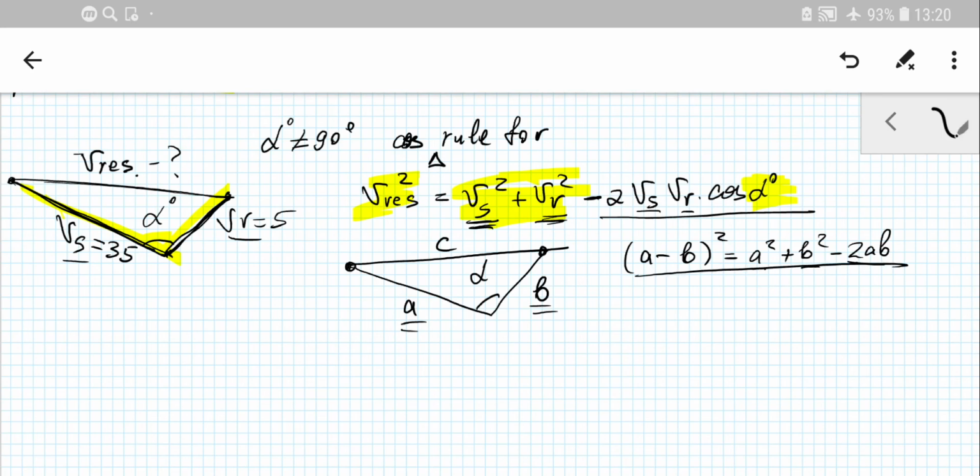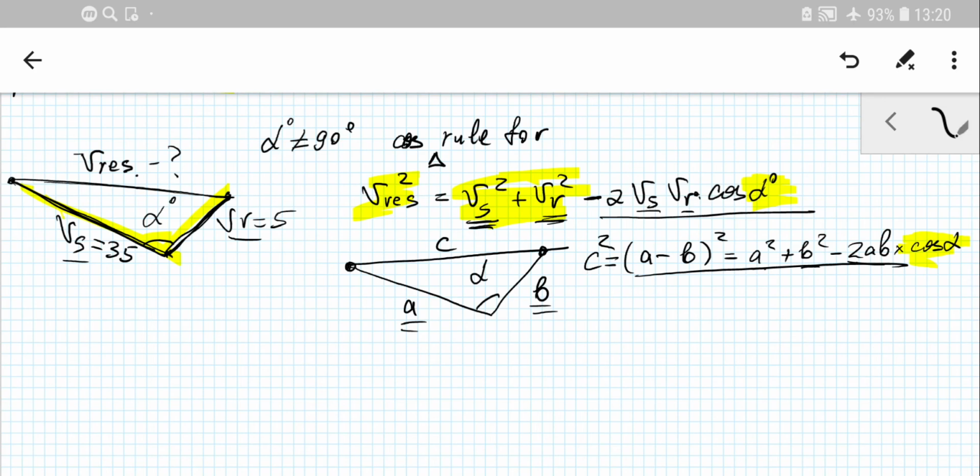However, this formula ends here, while the cos rule needs to have cos alpha as an extra factor. If you multiply by cos alpha for this formula, you'll get your cos theorem for the opposite side, and that will be equal to c squared. You can use that analogy in order to memorize this formula.